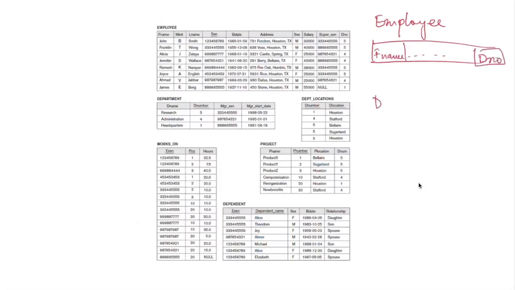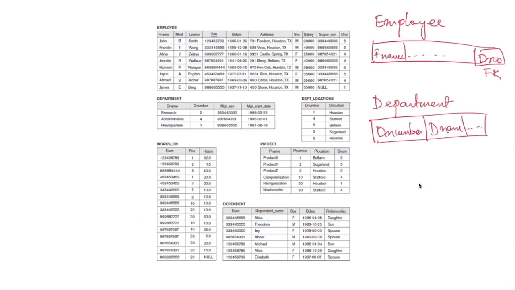And then we had the department relation, where we had D number, D name, and so on. So here in the employee relation, DNO was the foreign key, and in the department relation, D number was the primary key. Since this was the foreign key, it referred to D number of department in the schema. By drawing this arrow, we can link the foreign key with the primary key.